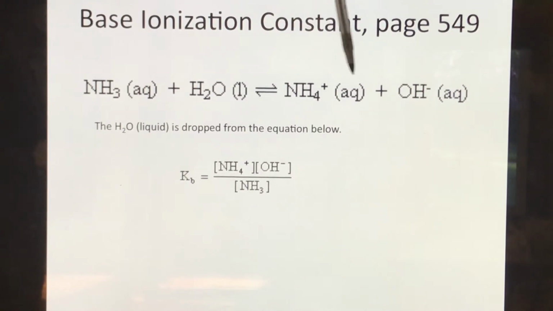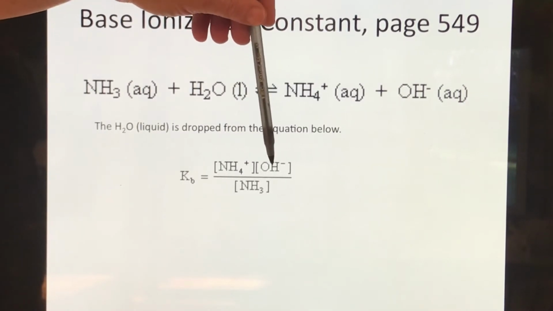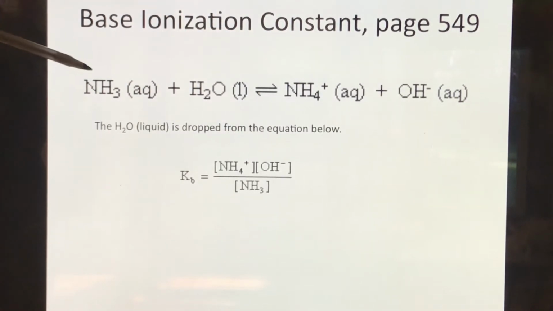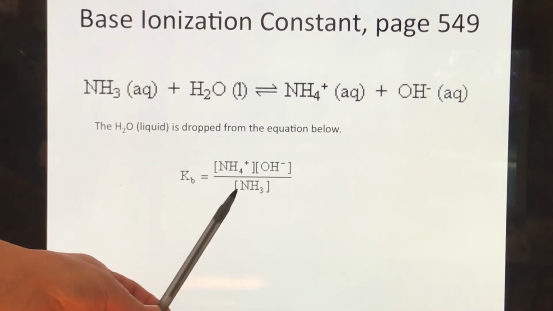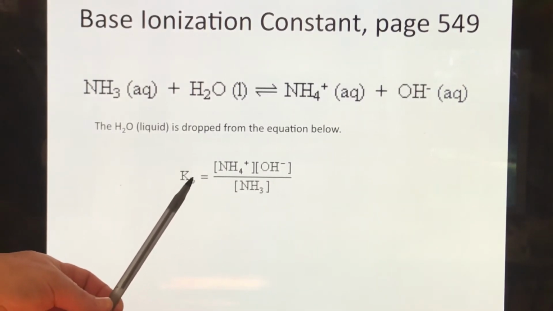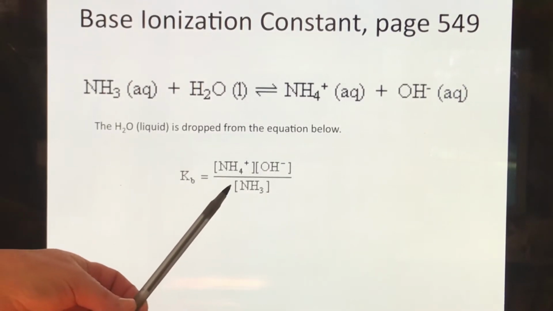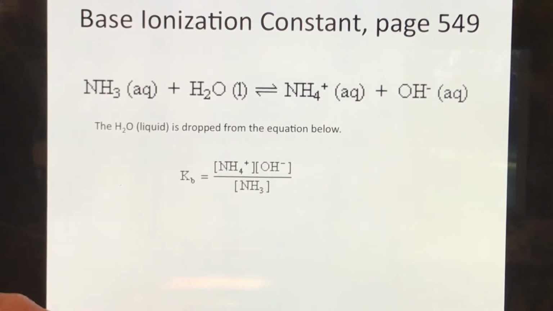But we do take these products, the ammonium ion and the hydroxide ion, and they would go in our numerator. And then this NH3, the ammonia, is in the denominator, and then because this is for a base, it's a lowercase b here, so it's K for the base, and then that's the rest of the equation.